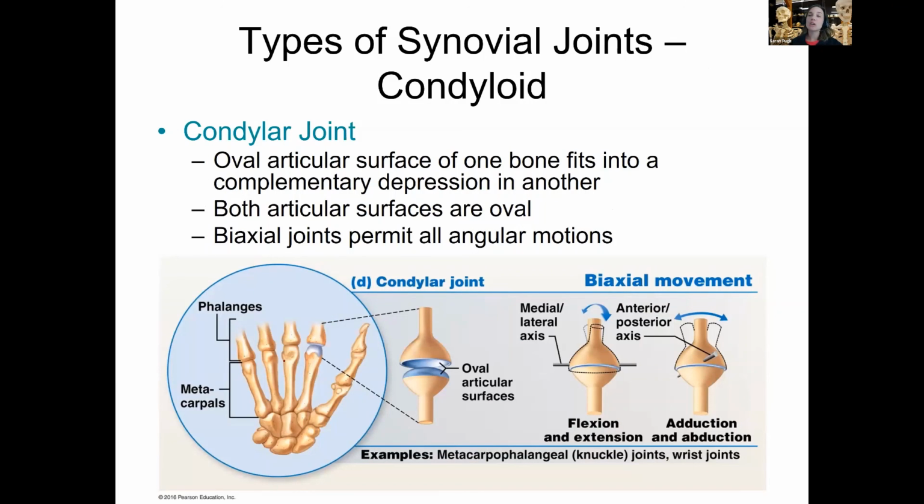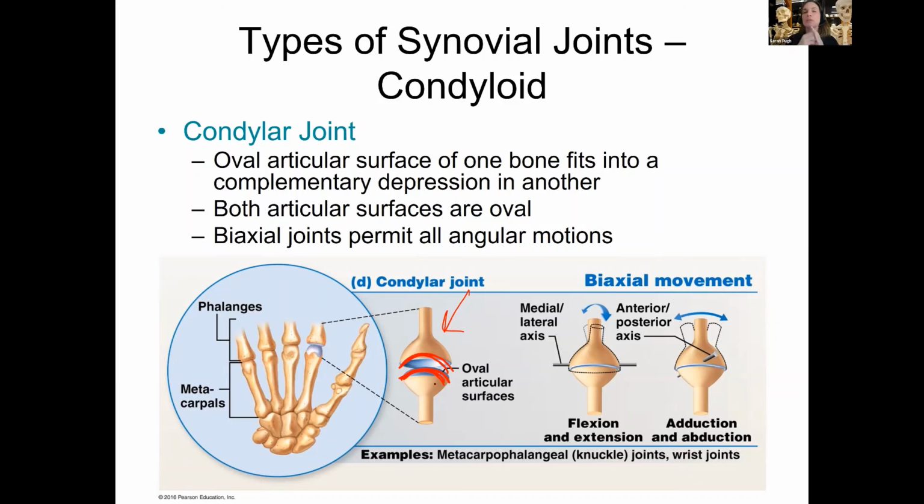We also have something called a condylar joint. This is where one articulating bone is sort of an oval shape, convex, and the other one is concave. They fit together. This is not nearly as big of a groove as a ball and socket joint.